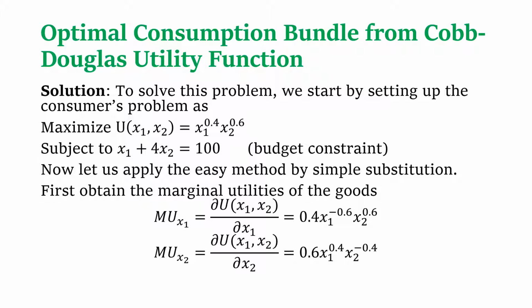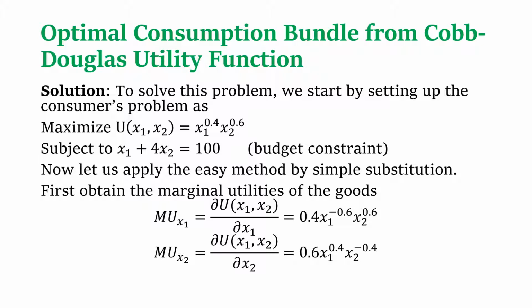That is to say, if the marginal utility per dollar spent on good 1 is the same as the marginal utility per dollar spent on good 2, then the consumer is in equilibrium. So that is the essence of doing all these. Because if we don't know the marginal utilities here, there is no way we're going to obtain the optimal solution for this consumer. So this is very, very important.